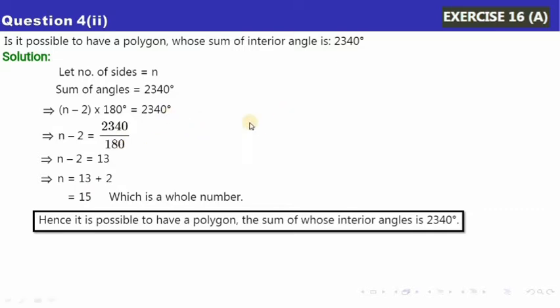No, we cannot say that. So we'll understand what I am trying to say through the next sum.